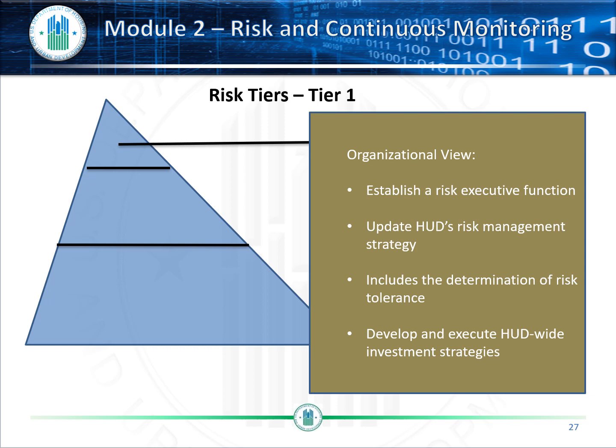Governance structures provide oversight for the risk management activities conducted by organizations and include the establishment and implementation of a risk executive function, the establishment of the organization's risk management strategy, including the determination of risk tolerance, and the development and execution of organization-wide investment strategies for information resources and information security.